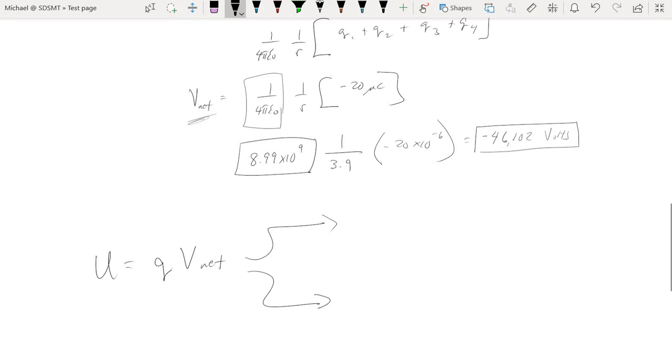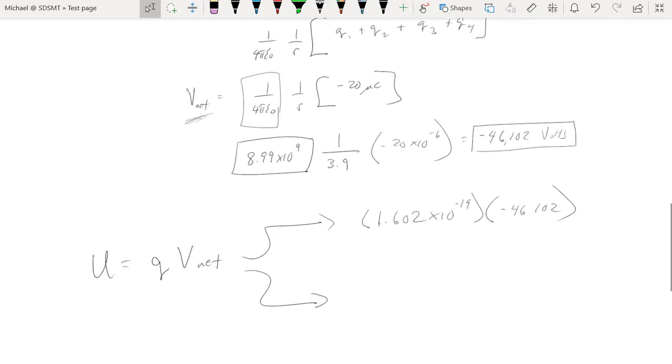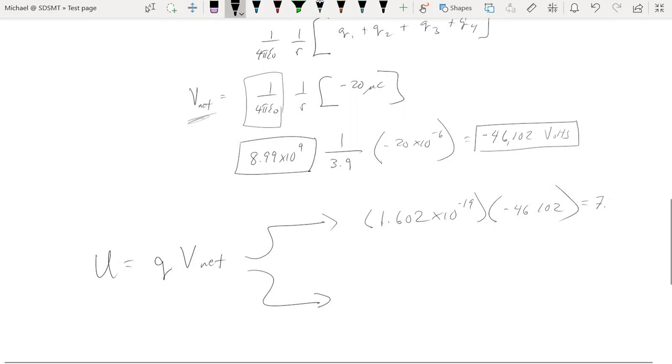I can plug in the value of charge for a proton along with the voltage for that particular location. So I need to put in my 1.602 times 10 to the minus 19, and I'm getting 7.38 times 10 to the negative 15 with a minus sign in front of it.